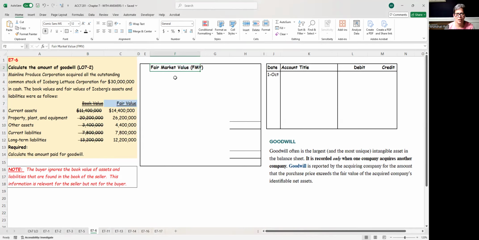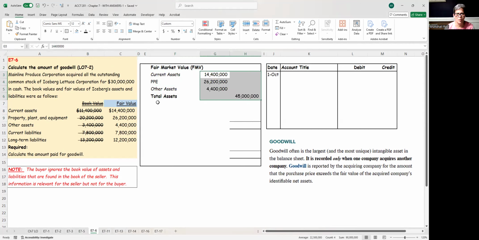So let's start with the fair market value of the assets. I will list all my assets: current assets, property, plant and equipment, and other assets. You list the assets first, and then add them up to come up with the total assets. Total assets is $45 million. Now I got all their assets, but I also assumed all their liabilities.